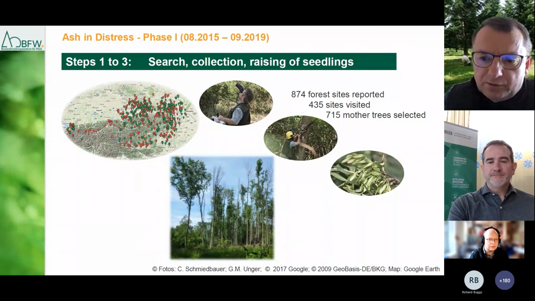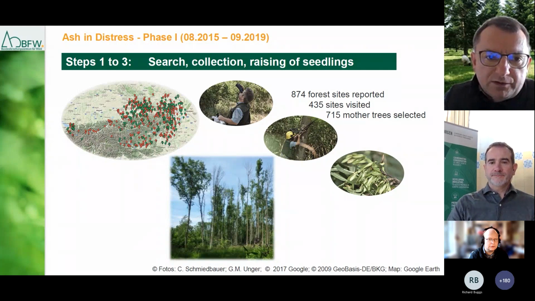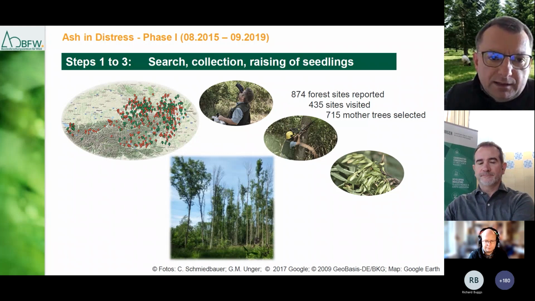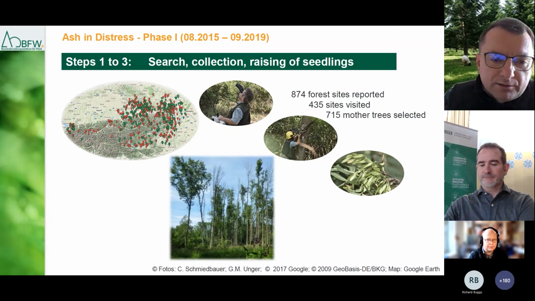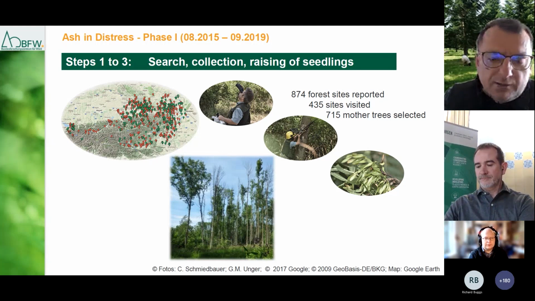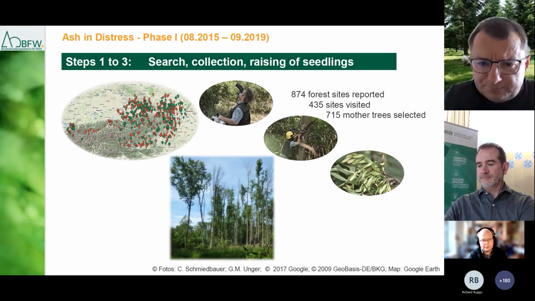We have been searching for those resistant trees all over Austria, starting in 2015. On the map, you can see Austria, and all the green dots were the populations which were successfully harvested for resistant mother trees.